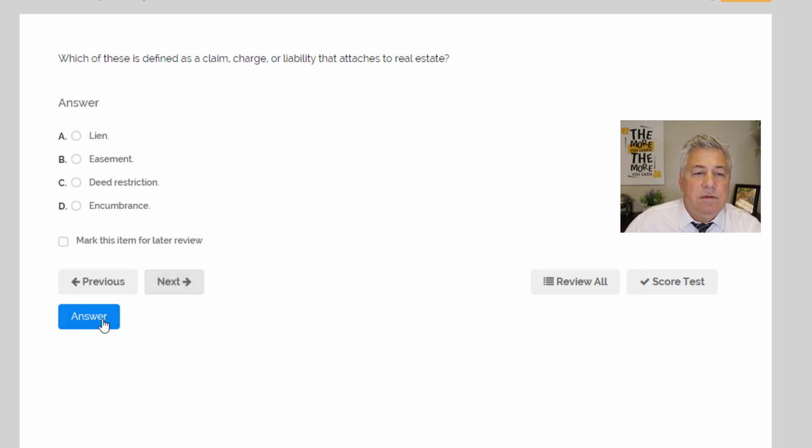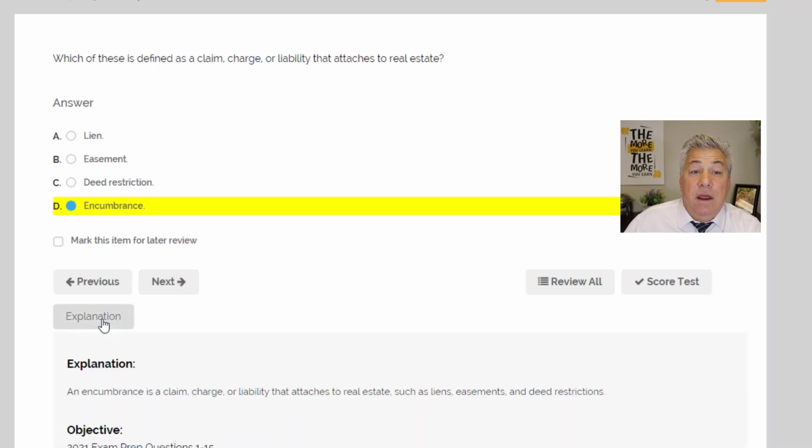And your answer is an encumbrance. An encumbrance is a claim, charge, or liability that attaches to real property, such as liens, easements, and deed restrictions. So liens, easements, and deed restrictions are all forms of encumbrances.